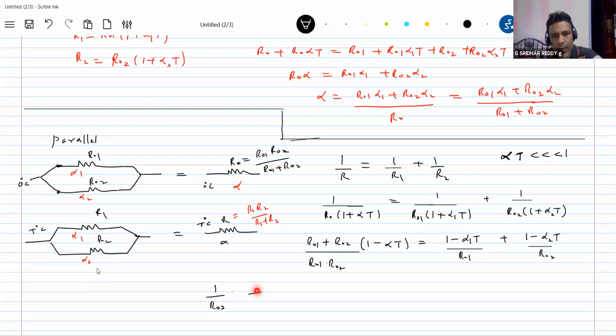We'll expand it: 1 minus alpha t over R naught 1, minus alpha 1 t over R naught 1, or I'll write one more step.